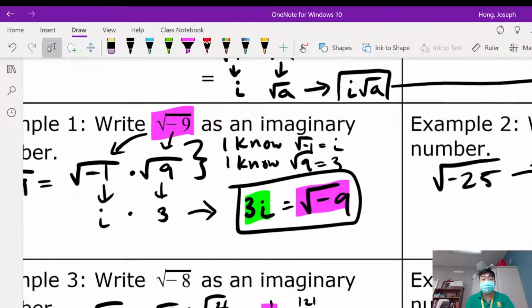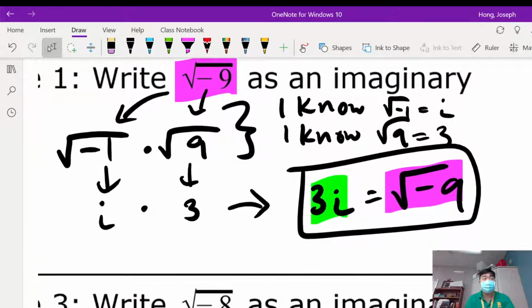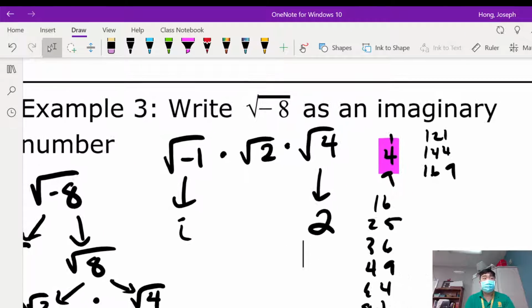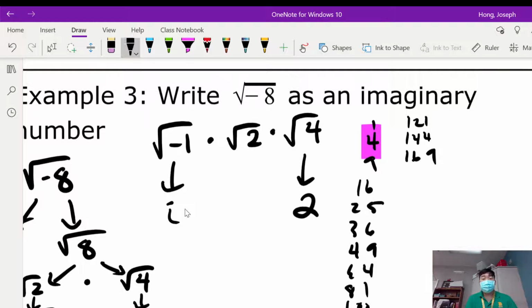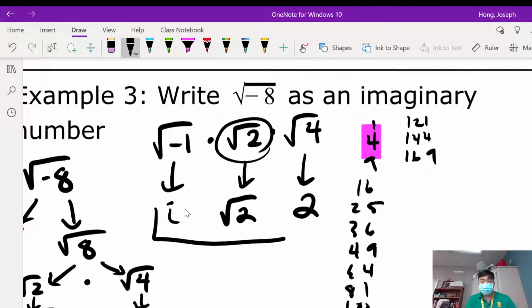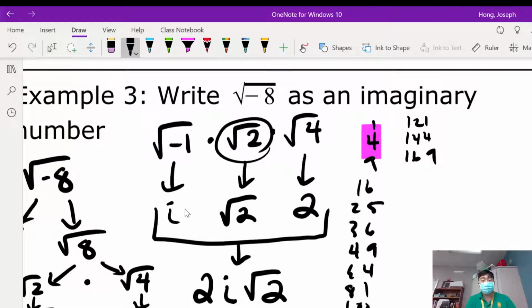My square root of 9 became a positive 3 without a square root. That's my goal. And like I said before, this square root of 2, I cannot simplify it, so I'm going to leave it the same. So if I want to rewrite this nicely, it always goes in order of whole number, imaginary number, square root of 2.